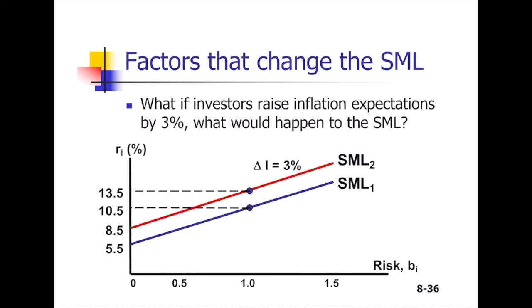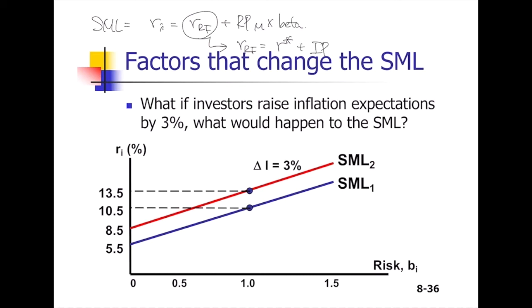The two factors that change the security market line. The security market line can be written as this: Ri is RRF plus market risk premium multiplied by the beta, right? And this RRF can be decomposed into two parts, right? Real risk premium and IP, inflation premium.